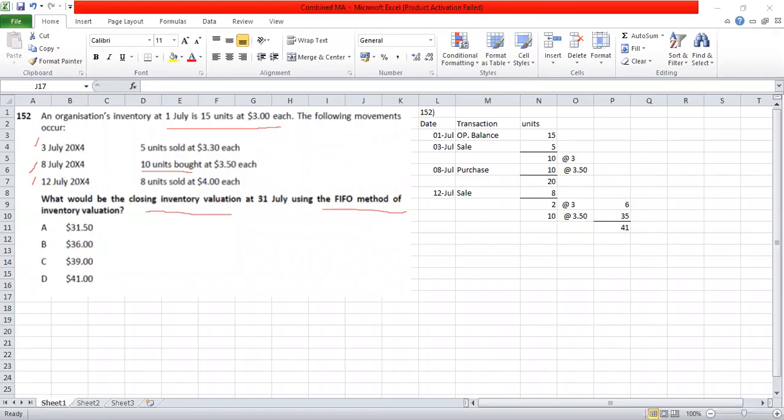Because there's no question on LIFO, fine, doesn't matter. We will do it first right now.